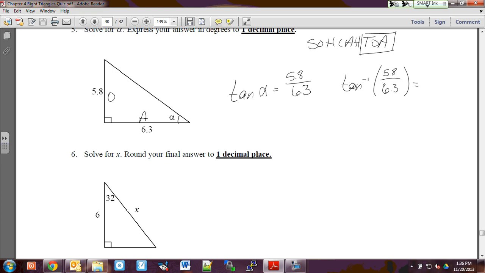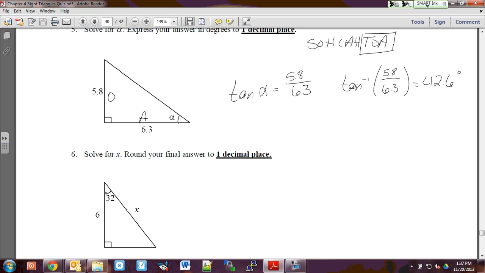Make sure that you have your calculator in the correct mode. If you don't, it will not give you the correct answer. So the inverse tangent of 5.8 over 6.3 comes out to 42.6 degrees.